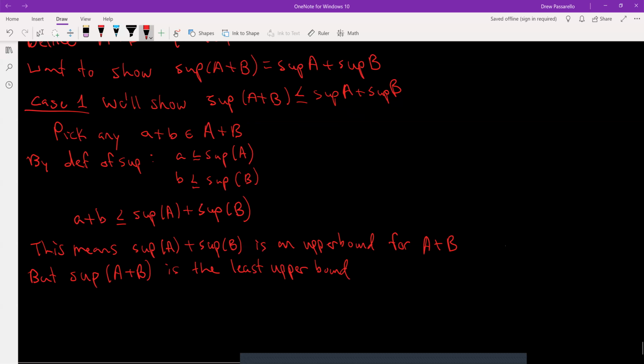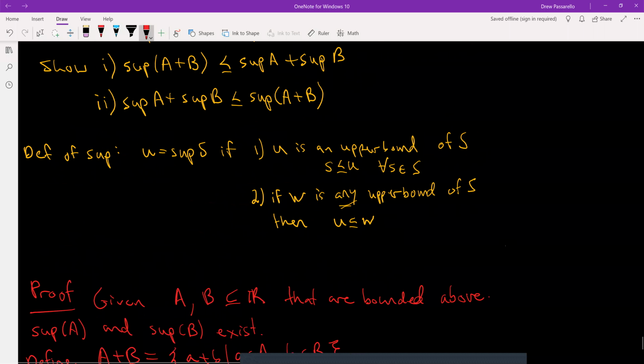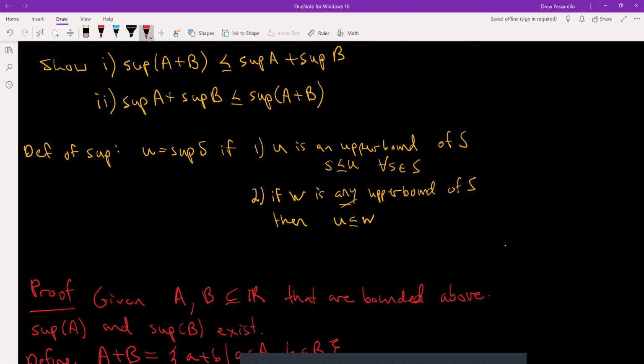So in our definition, if W is any upper bound of some set S, then the supremum U is less than or equal to any upper bound W. So in this case, the supremum of A plus B is going to be less than or equal to any upper bound of A plus B.